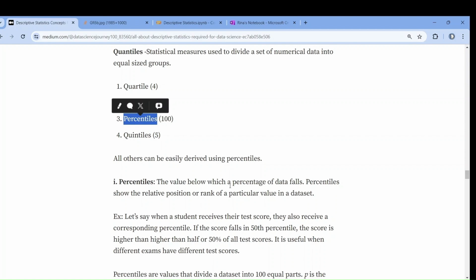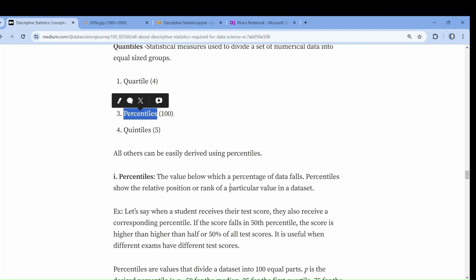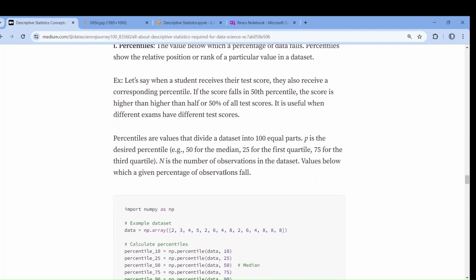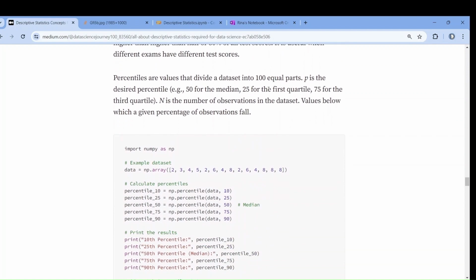So mainly we use percentile to find the location of the data point. That means where the data point lies in that dataset. Clear? Now see how we can do it. First, we divided the dataset into 100 parts and 25 percentile is the first quartile. That means 25% of the values lie below this point. 75th percentile means the third quartile.